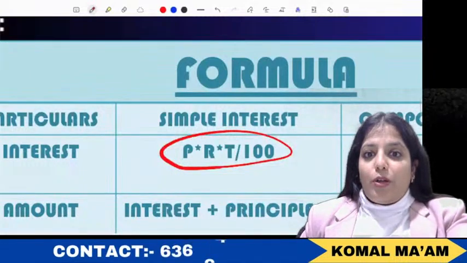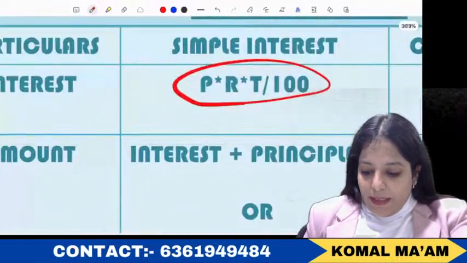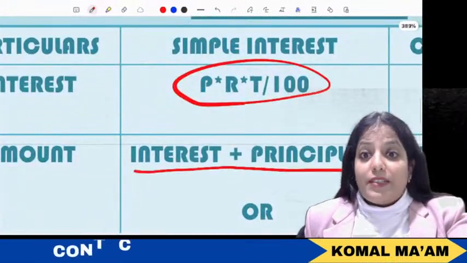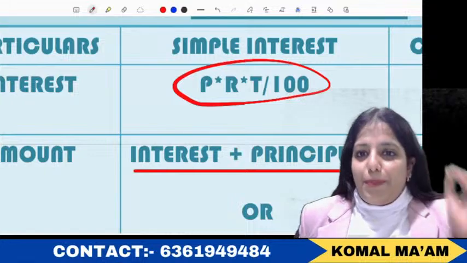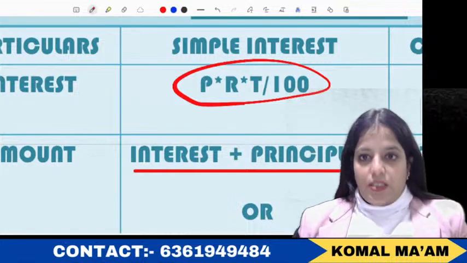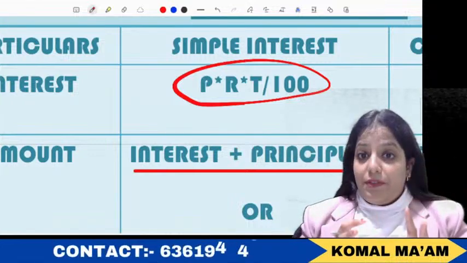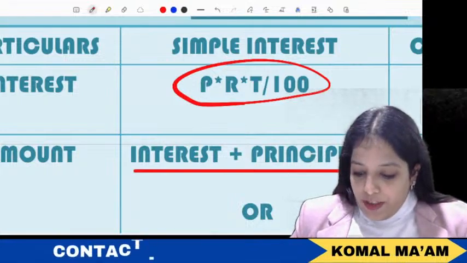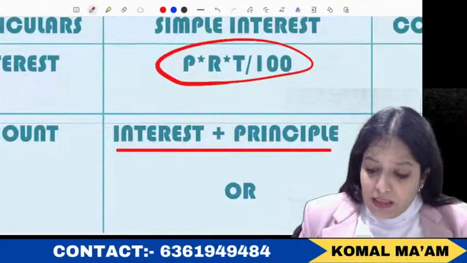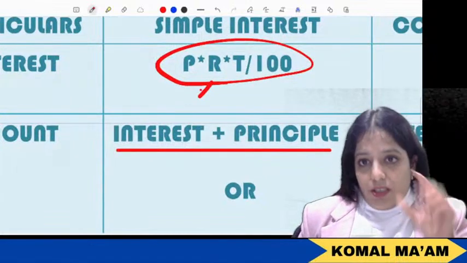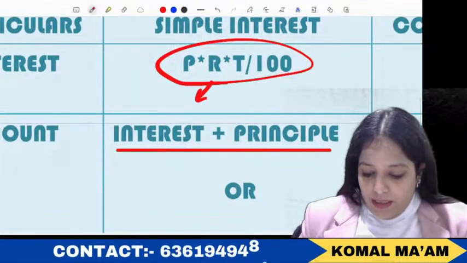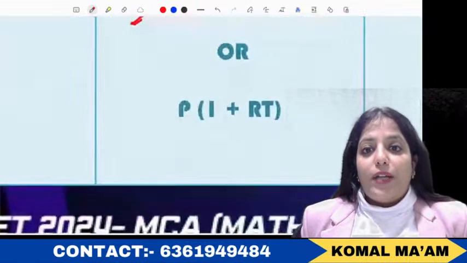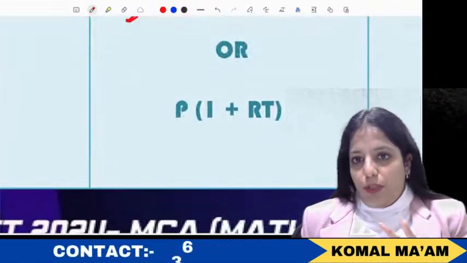Now talking about the amount, see, this is the basic formula that I told you. Now the basic concept, what is the amount? The principal plus the interest forms amount. Even you can calculate amount in another way. How? We just need to substitute this interest value in this formula and you'll get the formula P into 1 plus RT. This is the direct formula to calculate.